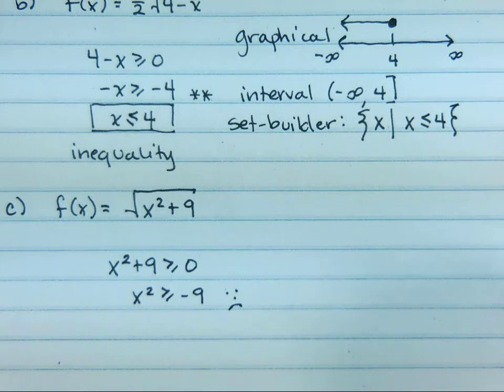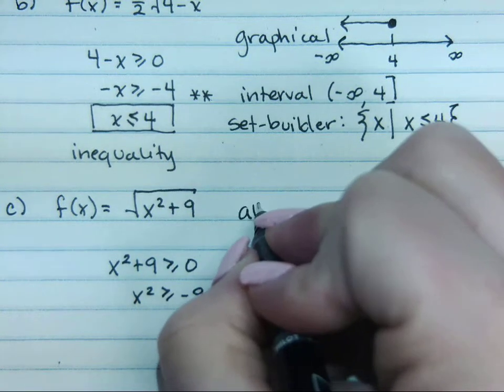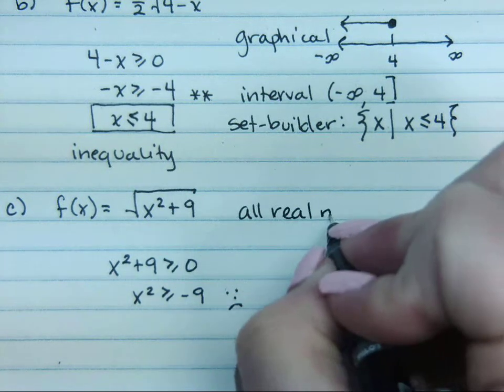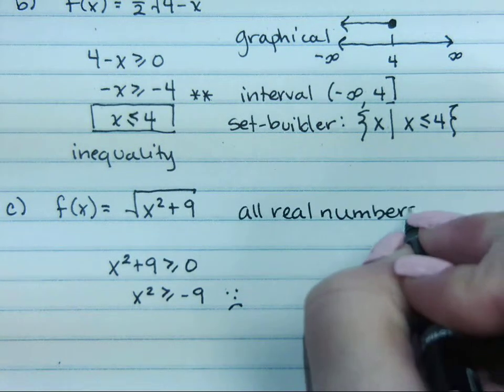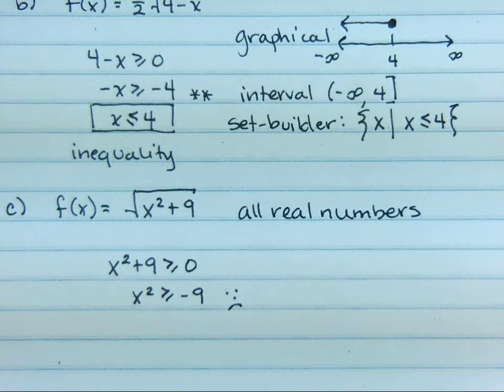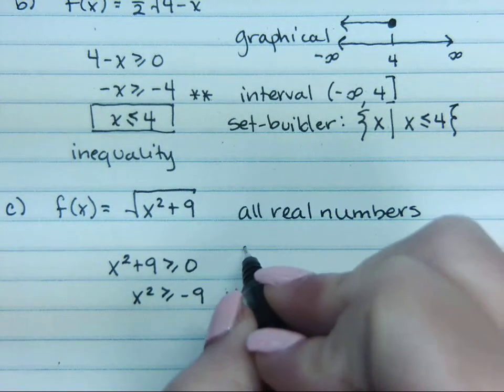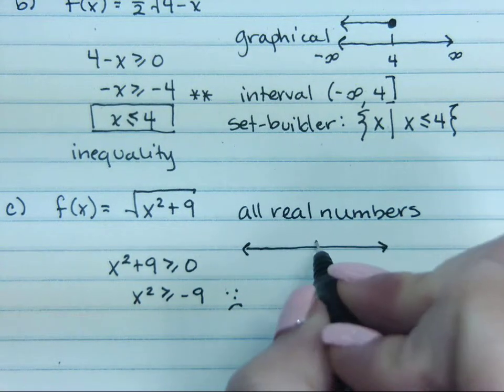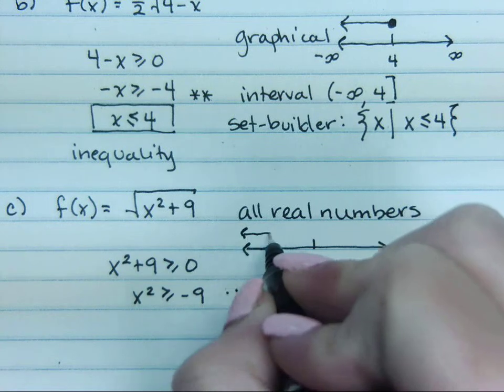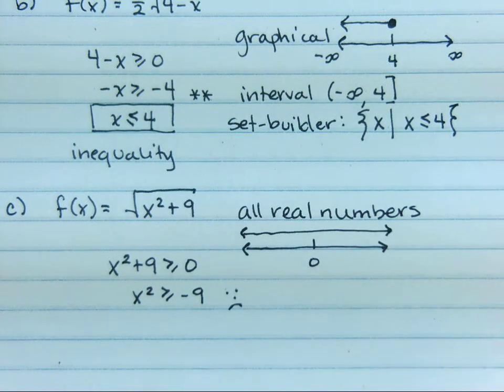So when we're talking about my notations, I get all real numbers, meaning I can put anything I want in there. Graphically, that means I have a graph where I get to use everything. There's no restriction.